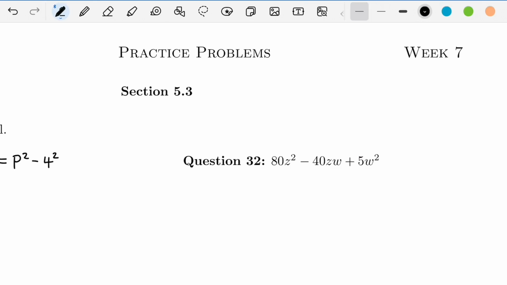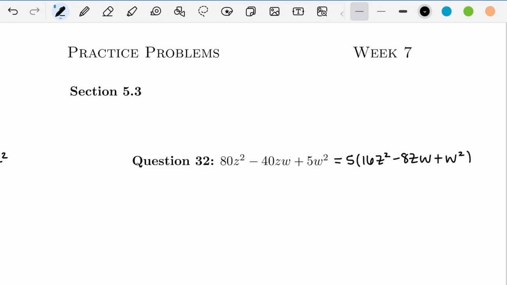The first thing that we can do is pull out a common factor. Notice that 80, 40, and 5 all share a common factor of 5, so pulling that out of our polynomial, we'll be left with 16z squared minus 8zw plus w squared on the inside there.